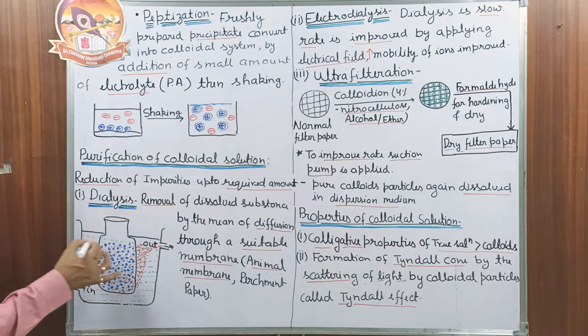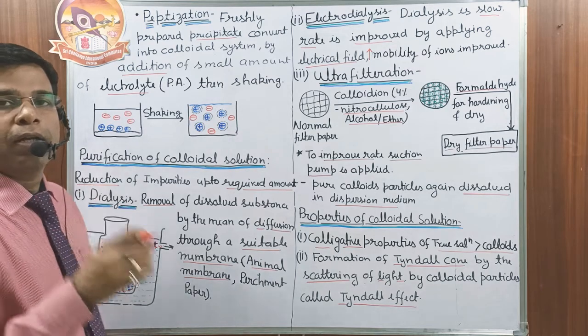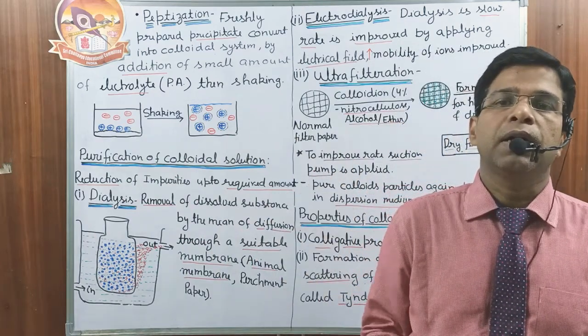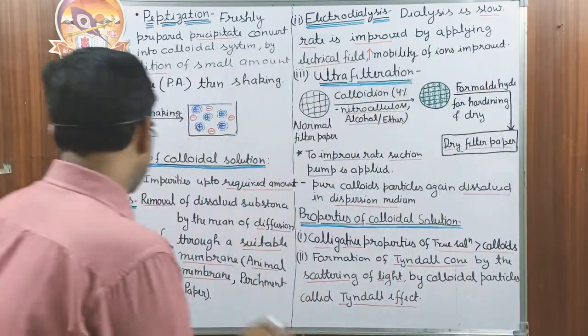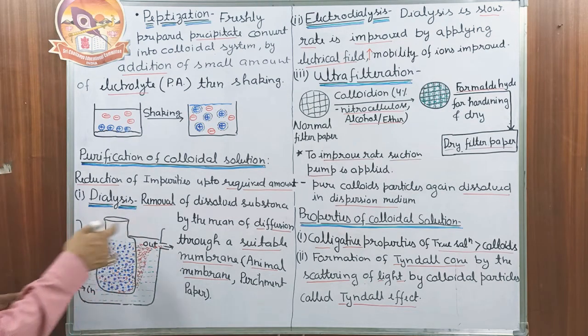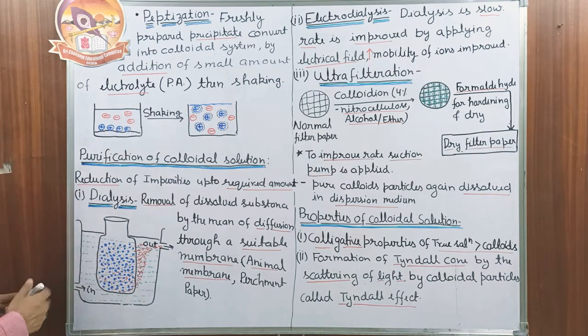These blue particles represent the colloidal particles, and red particles represent the electrolyte impurity. We know that colloidal particles cannot cross the animal membrane, but electrolytes can. So water flows in, and whenever it comes out, it also takes the electrolyte impurity with it. That's how we can slowly remove the electrolyte impurity from the colloidal system.